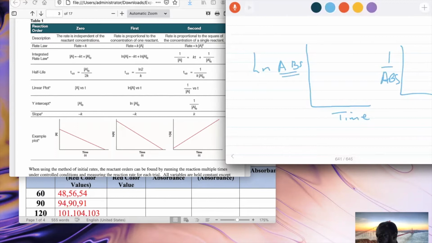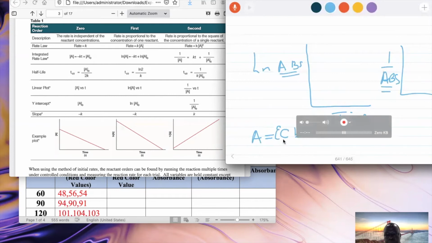We know from Beer's law that A equals concentration times path length times epsilon, so absorbance is directly proportional to concentration.